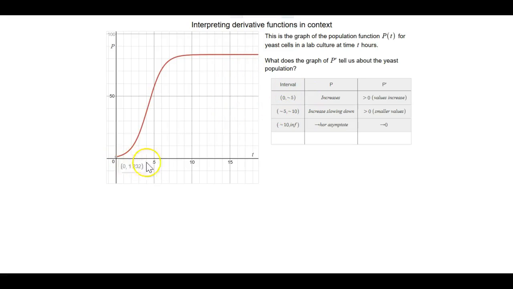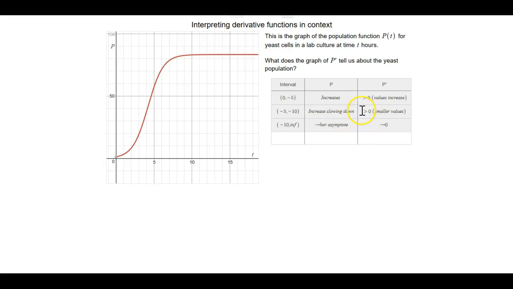So again, let's look at the graph over different intervals. From 0 to 5, our function's increasing, which means our derivative's positive. And since it's increasing at an increasing rate, the values of the derivative are increasing. Between 5 and 10, our graph's still increasing, but it's slowing down in its increase because it's going to have to make this turn to go to this horizontal asymptote.